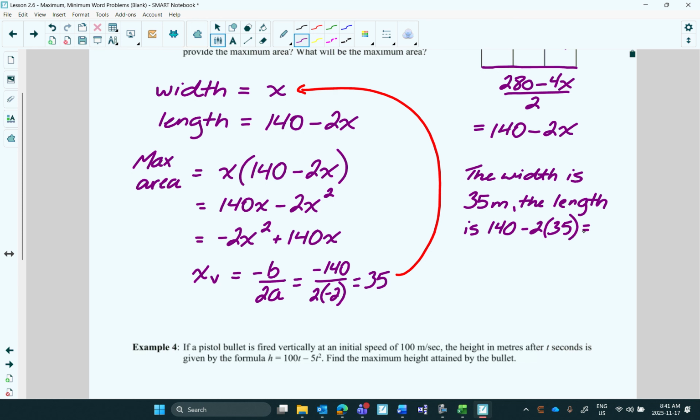Which gives me 70 meters. And notice the question also asks, what's the actual maximum area? So I have to answer 3 things here. Well, if you know the width and length at the maximum, how do you find the area? If you know this and this, how would you find the area? Don't overthink this. Just multiply it.